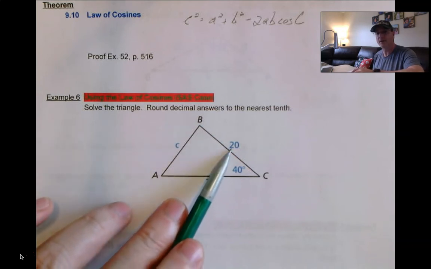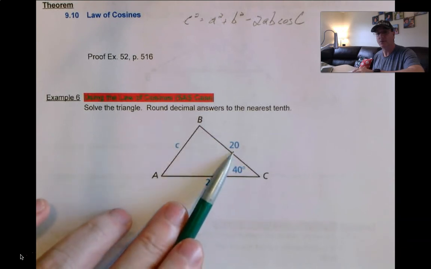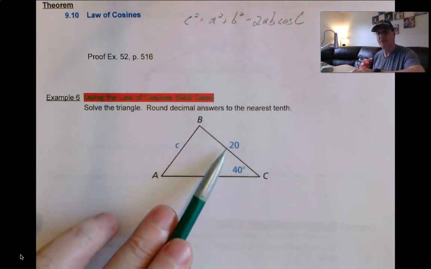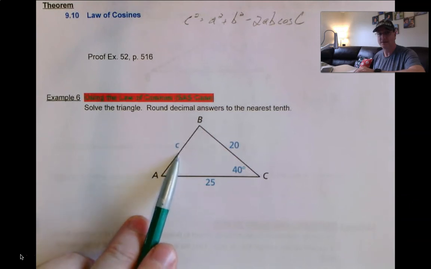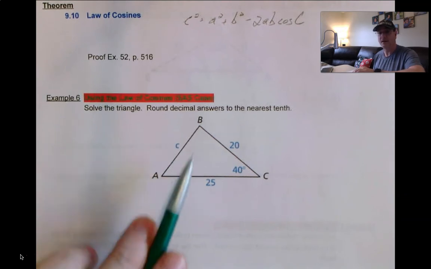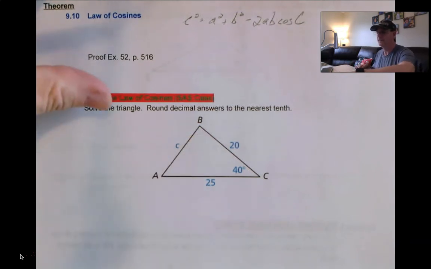The smaller one is opposite the smaller side. So 20 is smaller than 25. So angle A is the smaller angle. That's the one that we have to go for first after we find little c. So the order in which we're going to do this problem is little c, capital A, and then using the triangle angle sum theorem, we'll find capital B.